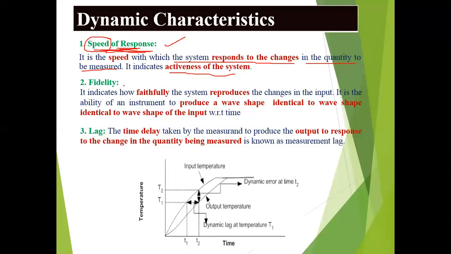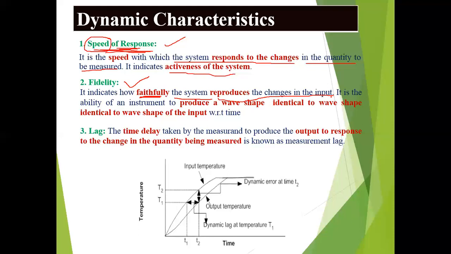Next one, fidelity. Fidelity means faithfulness. Faithfulness in the sense of trueness, reliableness. It indicates how faithfully the response reproduces the change in the input. For example, if I change the input parameters, correspondingly I should get the output.